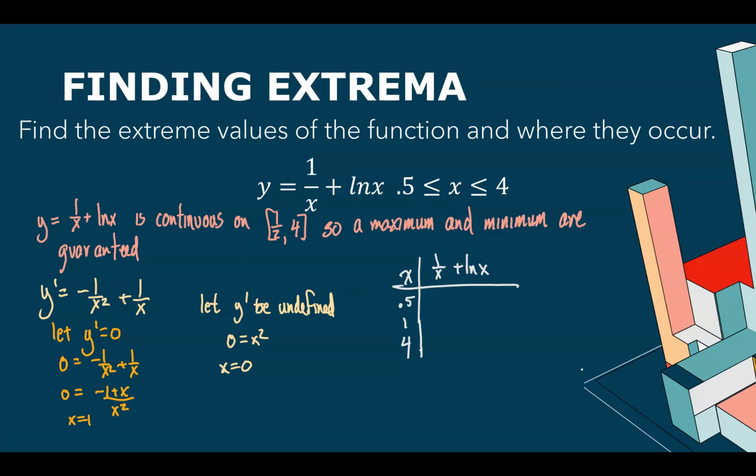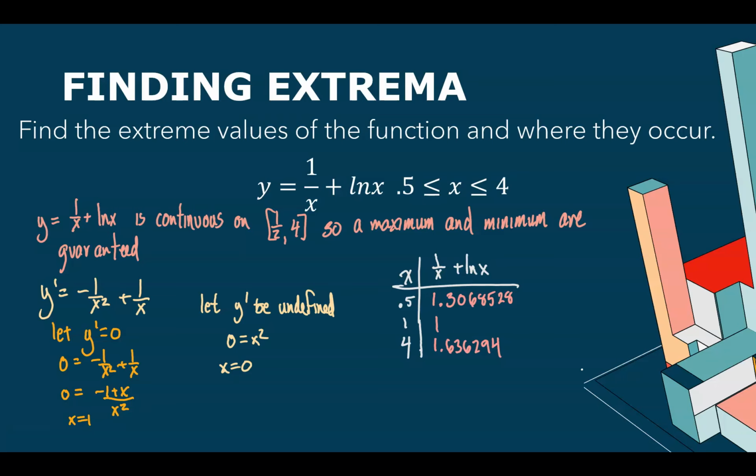We don't get much useful out of natural log of 1/2 or natural log of 4. So we're going to grab a calculator for those three values. Turns out, almost all the time, let's say 90% of the time, if you're doing extreme value theorem, you're going to be using a calculator anyways.